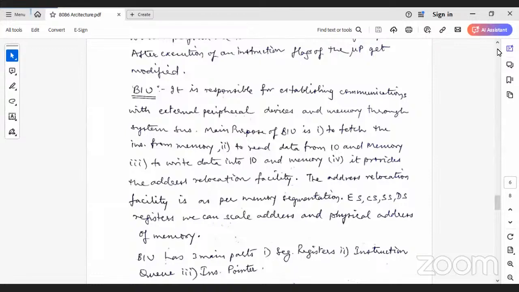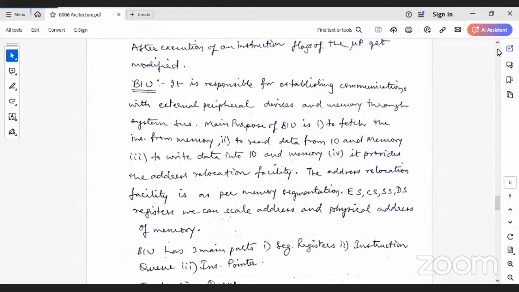So it is responsible for establishing communication with external peripheral devices. From the words bus interface itself, you can understand that it is communicating with the other IO devices or with the memory which is needed for execution of a program.